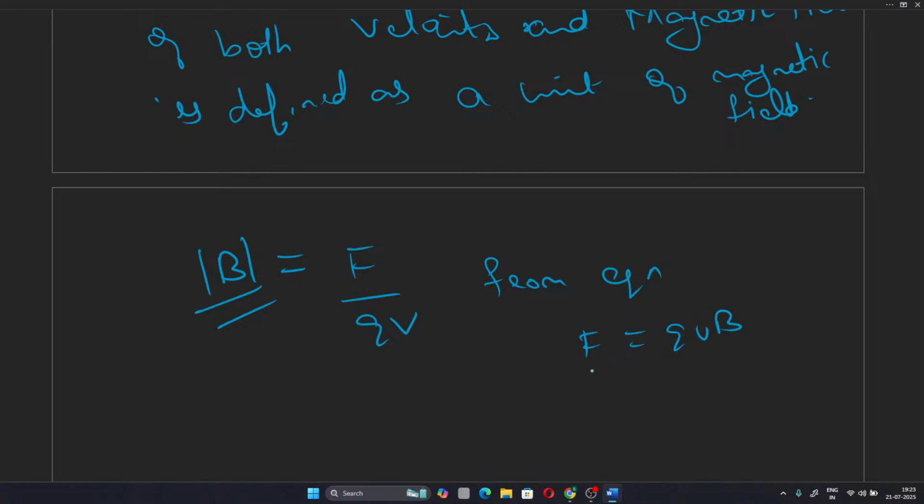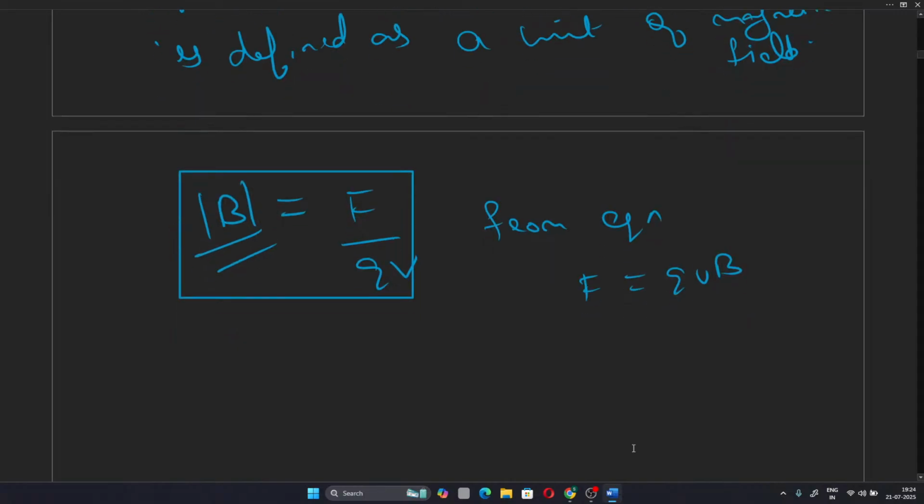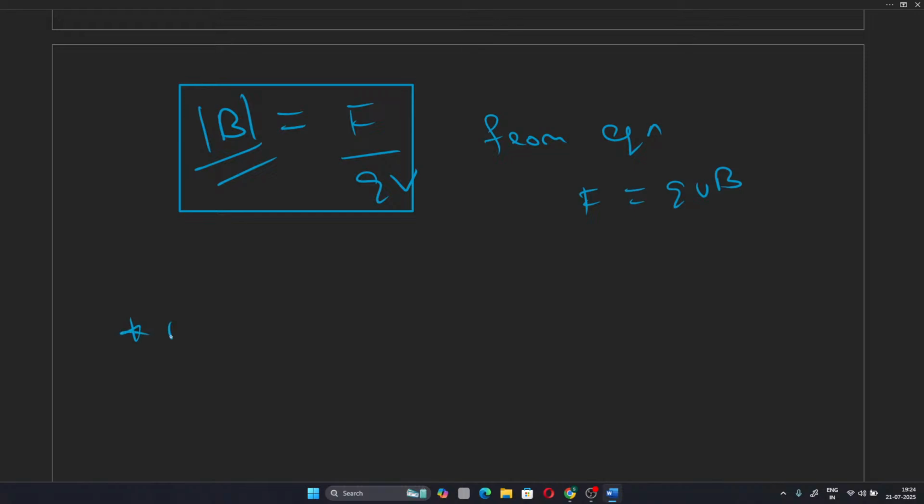When we shift qv to the denominator, we get this equation dimensionally, and the SI unit of magnetic field B is Tesla.